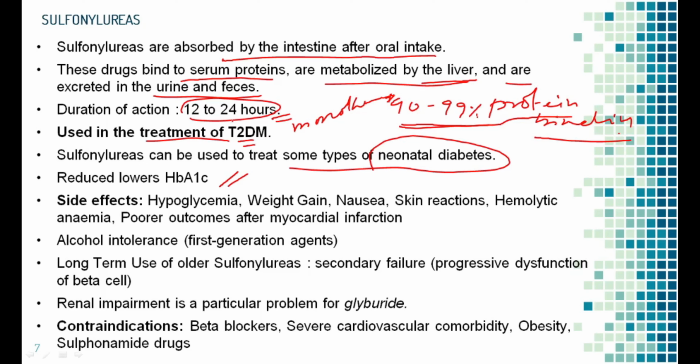Why is it more than the plasma half-life? Because of receptor interaction and the persistence of active metabolites. Due to that, the duration of action lasts up to 24 hours.